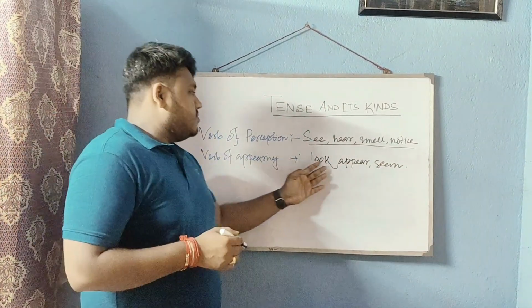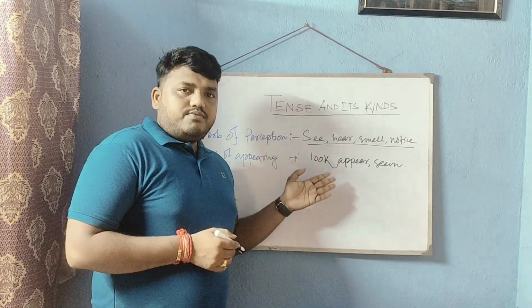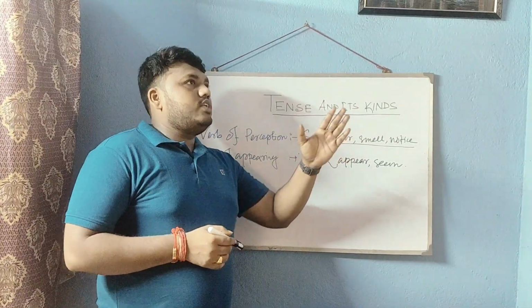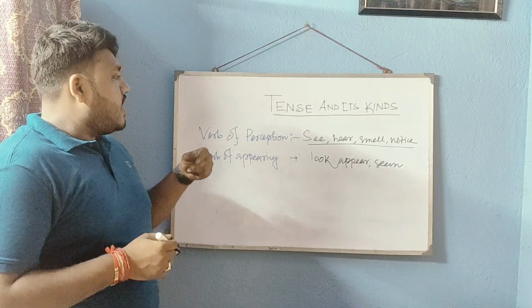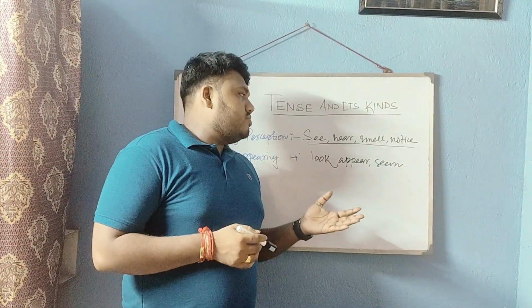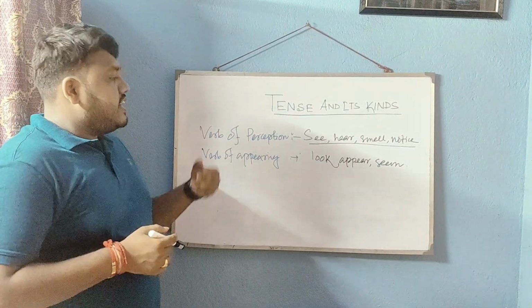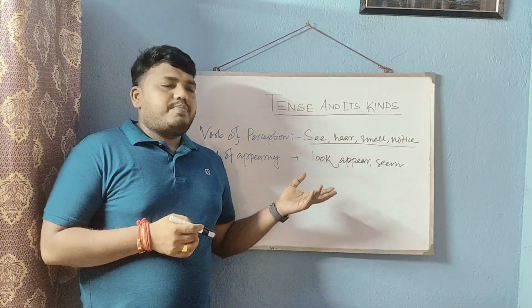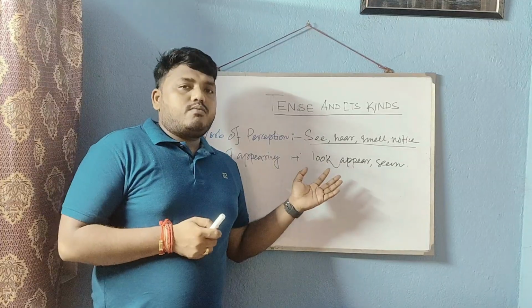So all these verbs are never used in progressive form. I'm looking into the picture, it is hard speaking, but it is appearing or he is appearing late, we cannot use it. It is seeming nice, we can't use it. It seems nice. It appears right. It looks nice. We can use it this way in the present simple form, not in the present continuous form.